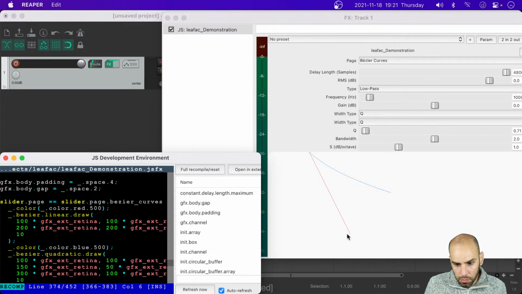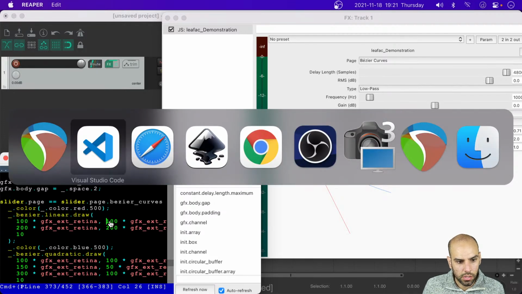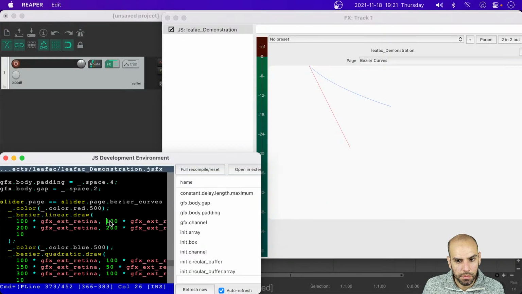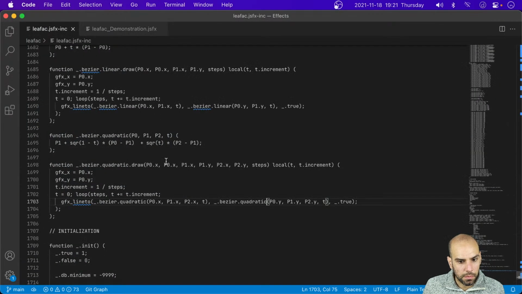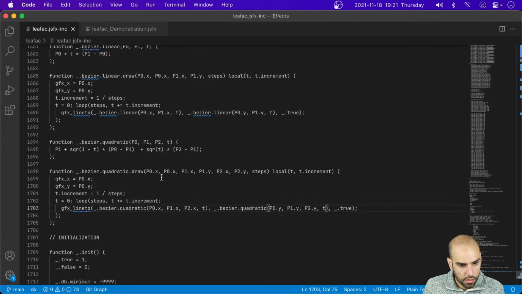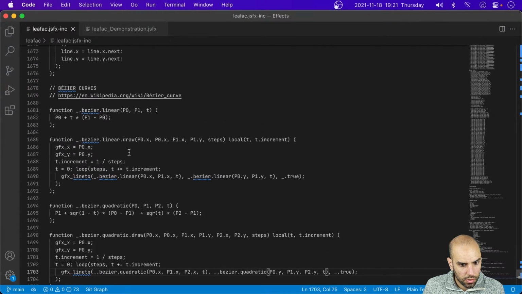And then this should move the point up and down. And it does move the point up and down. So really the mystery is this point. It is always 0. So that is wrong. It's probably a typo. Let's find that typo on the linear one.